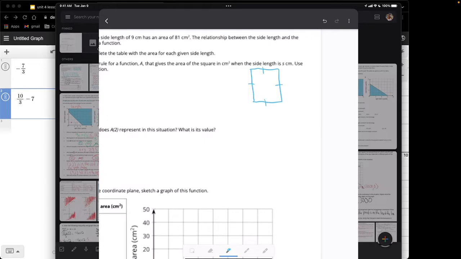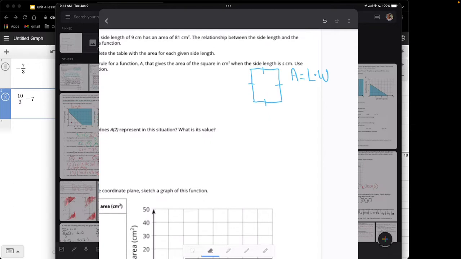And we should also know that in general, area is length times width. The thing is, in a square, the length and the width are actually the same.